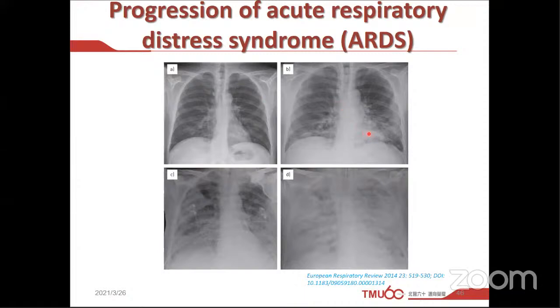You can see opacity on the lung, the white lines. Later on you can see the progression, so many lines and white spots over the two lobes of the lung. After a couple of days, you can see the white lung, which causes a lot of edema and leads to lung failure. So ARDS and edema are a very important issue, causing fatality in patients.